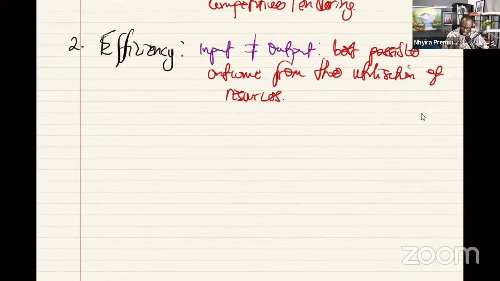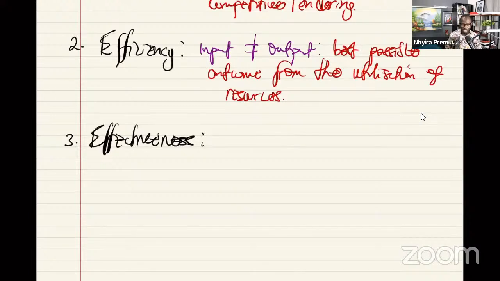And so the third thing that we look out for in assessing value for money is effectiveness. Effectiveness simply means whether the resources are being used for their intended purpose or they are being used to achieve the intended goal.